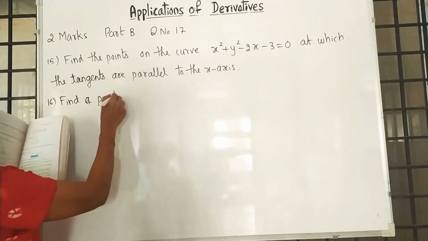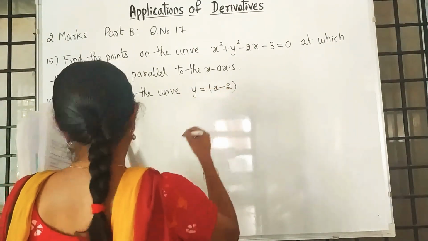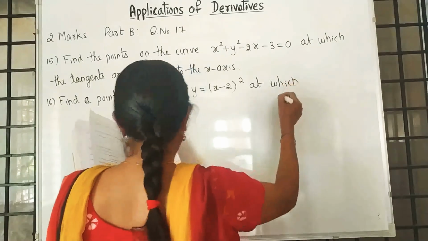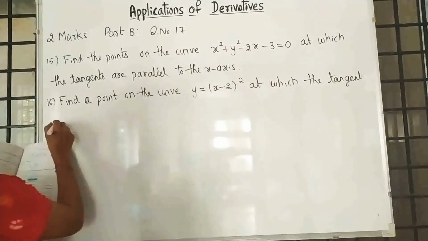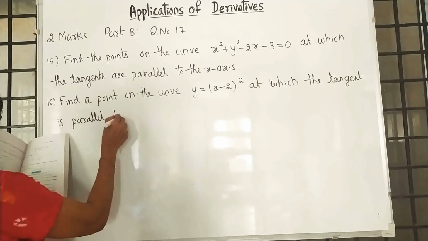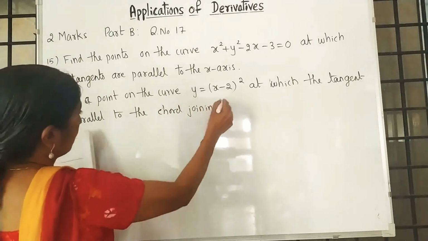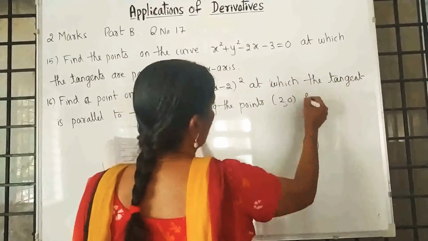Question number 16. This is also an important question. Find a point on the curve y is equal to x minus 2 whole square, at which the tangent is parallel to the chord joining the points (2, 0) and (4, 4).